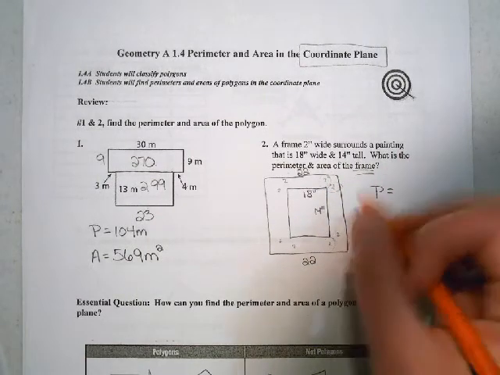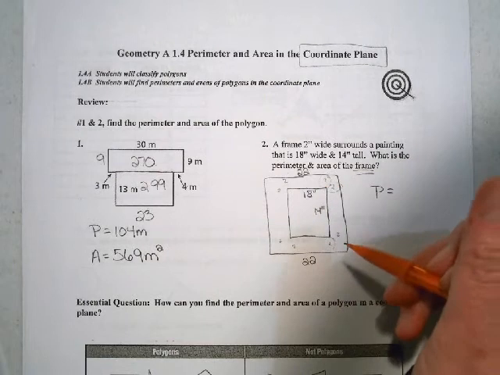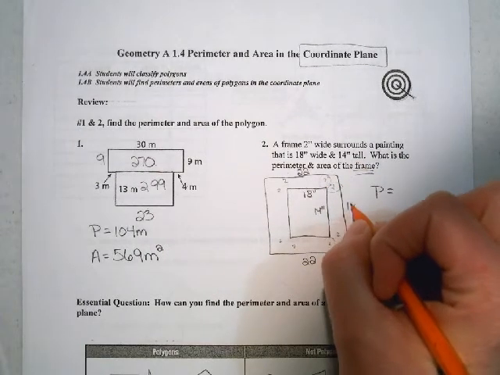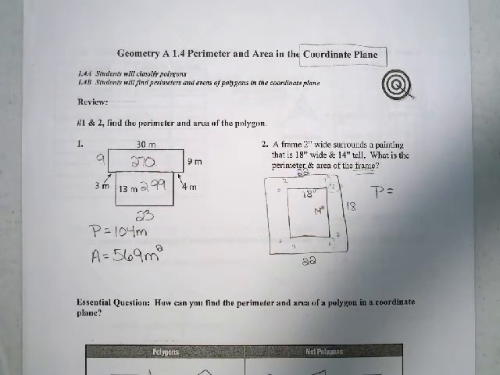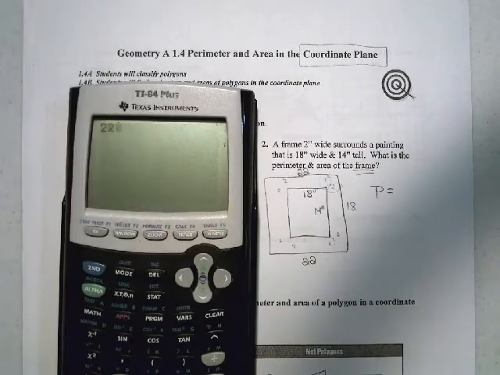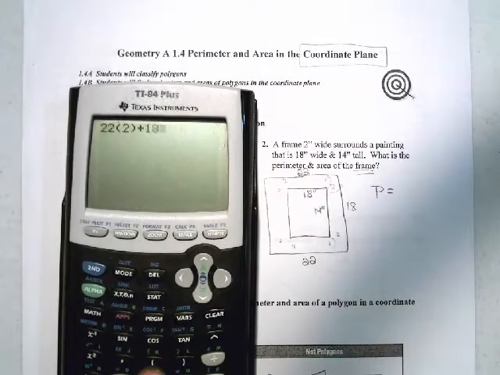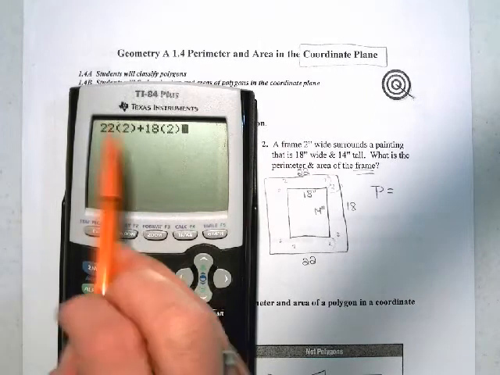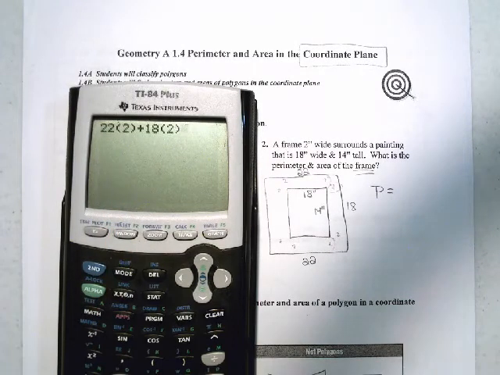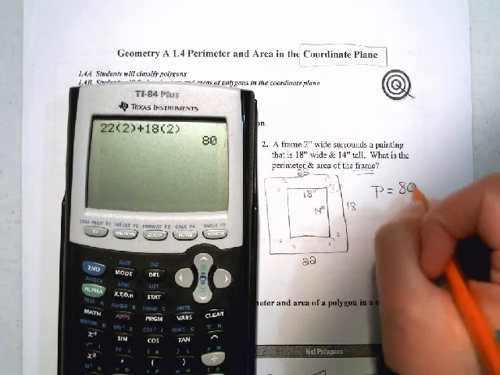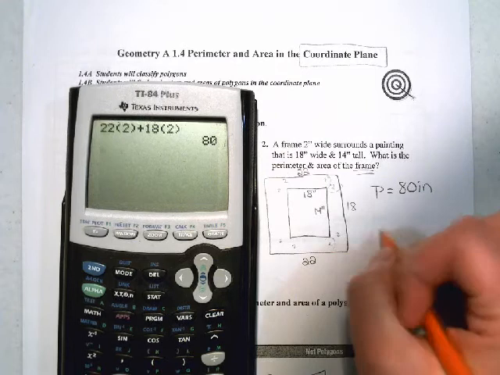So that's going to be 14 plus 2, 16, and then 18. Okay? So now we've got our dimensions, so we can grab our calculator, and we've got 2 22s, and we've got 2 18s for perimeter, because remember, it's like 2 lengths and 2 widths. So our perimeter would be 80 inches.